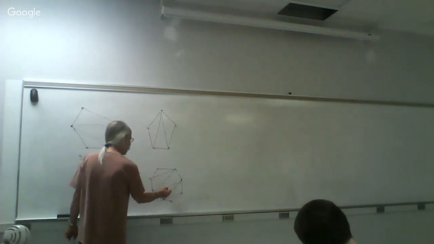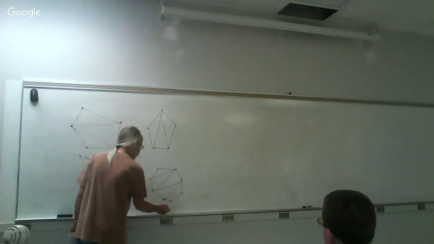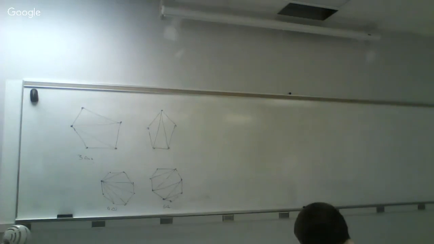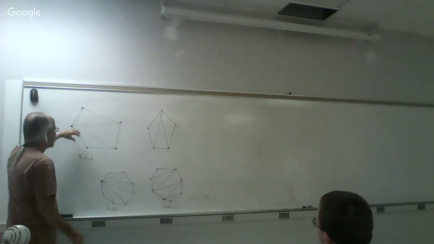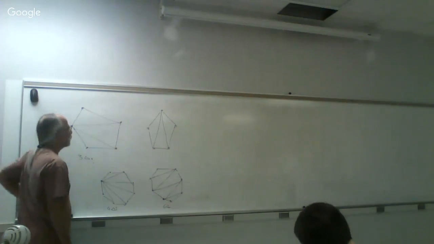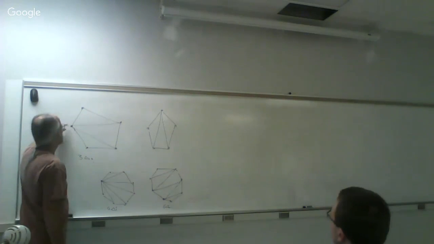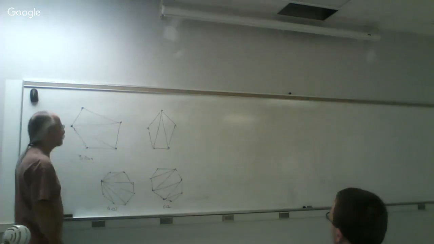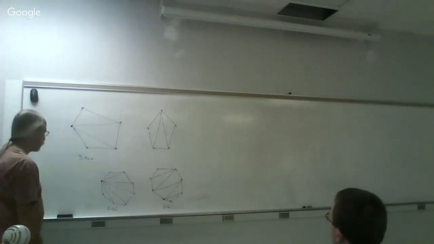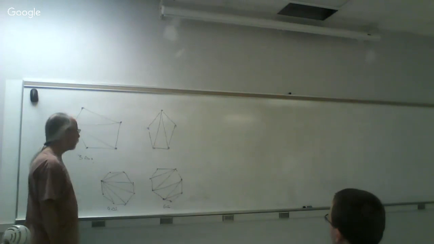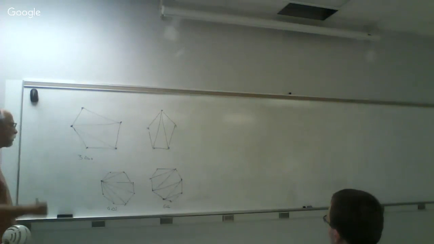There's 1, 2, 3, 4, 5, 6 triangles. But we have a very different kind of triangulation here. With the pentagon, once you pick the diagonal, the only other diagonal that's involved also had to emanate from that point. Whereas over here, that's clearly optional, to shoot everything out from the same vertex.